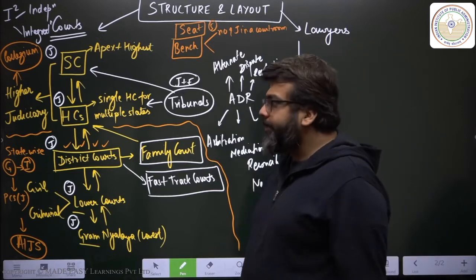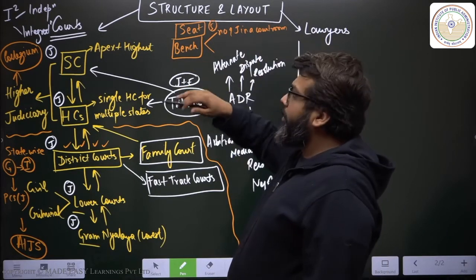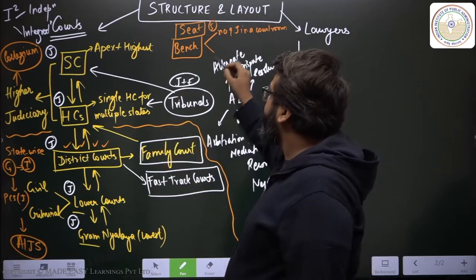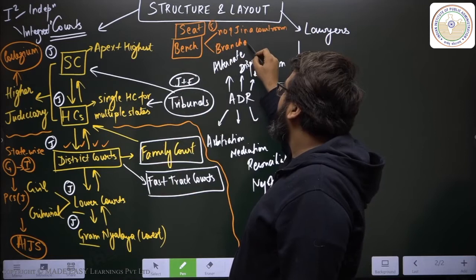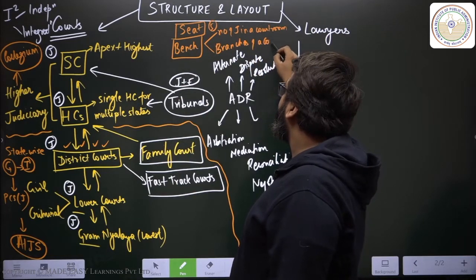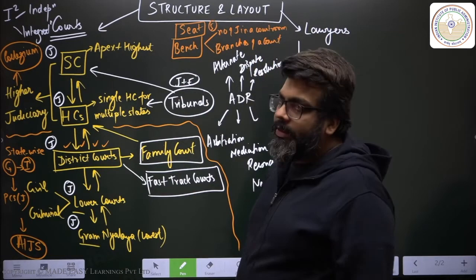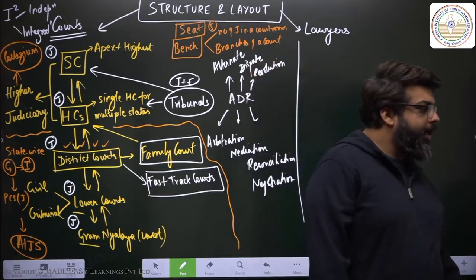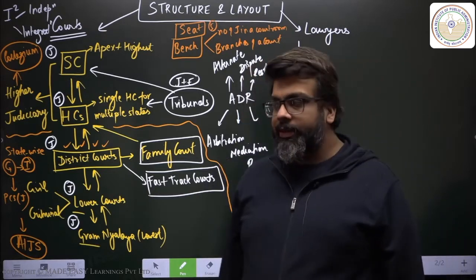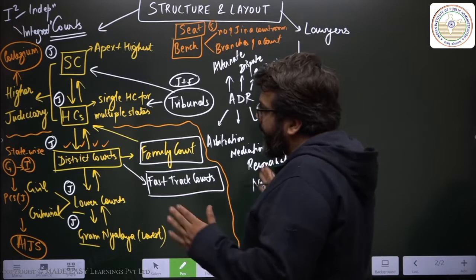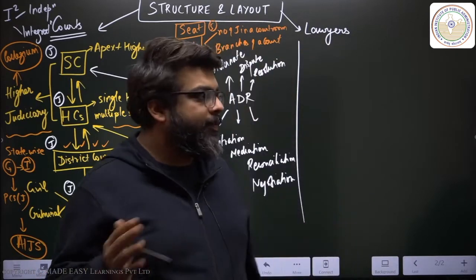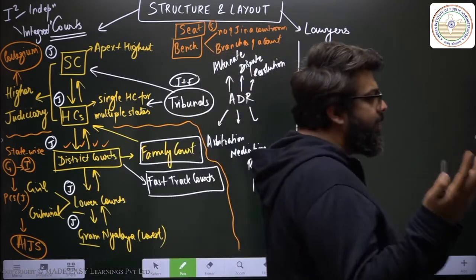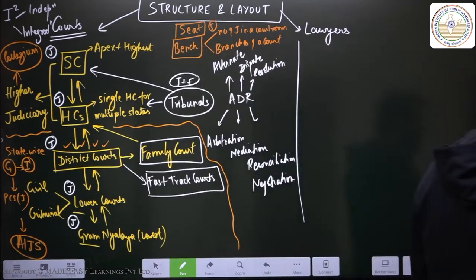The second is the number of branches of a court, which means, for example, UP has 2 high courts. The principal bench of the UP High Court is actually called the High Court of Allahabad, and then you have an additional bench in Lucknow, right?